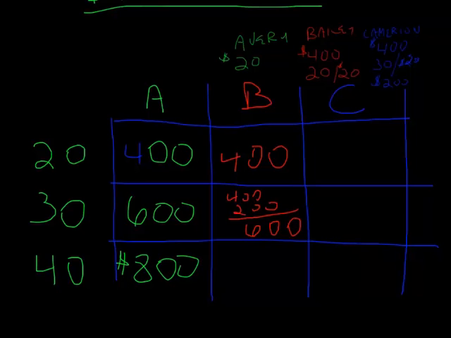Let's look at the 40 cases or sessions. She makes her flat 400 every week, no matter whether you see one person or 1,000. But now she has 20 sessions over the 20, so she gets a little bonus.